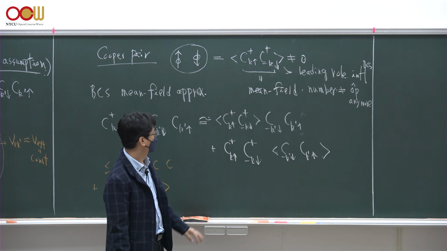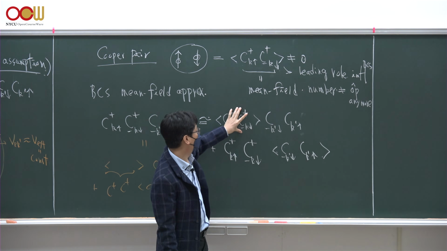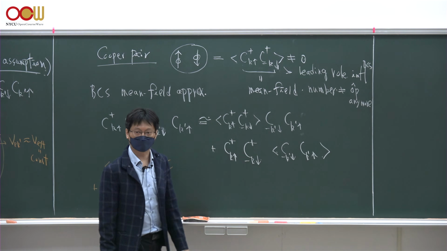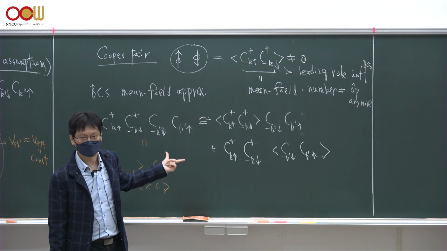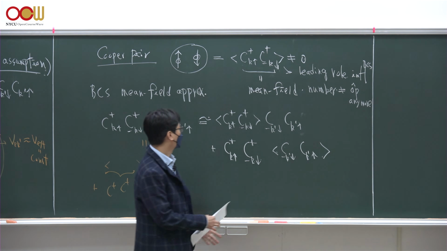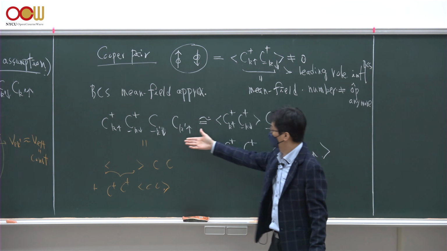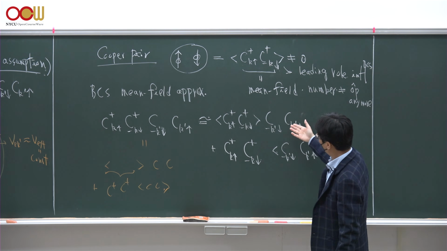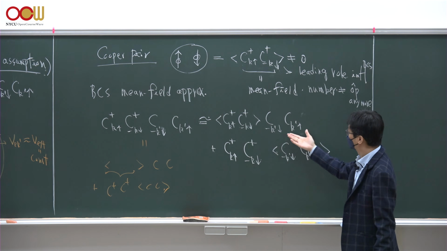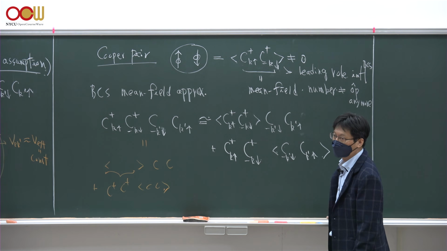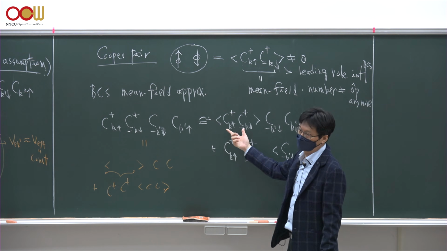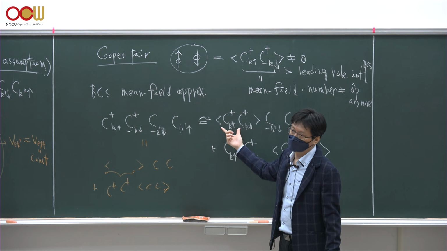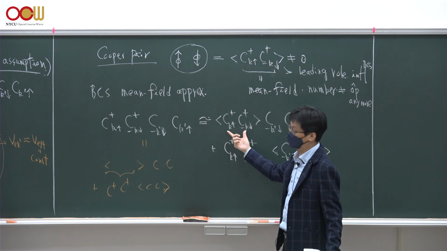It's like some classical number multiplied by these two operators, and therefore we simplify this four-fermion term, transforming this quartic term into a quadratic term, where we have only two remaining quantum operators, and the other two form pairs and are approximated by their mean fields.